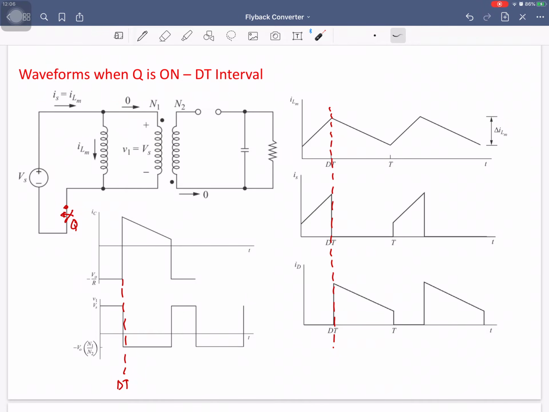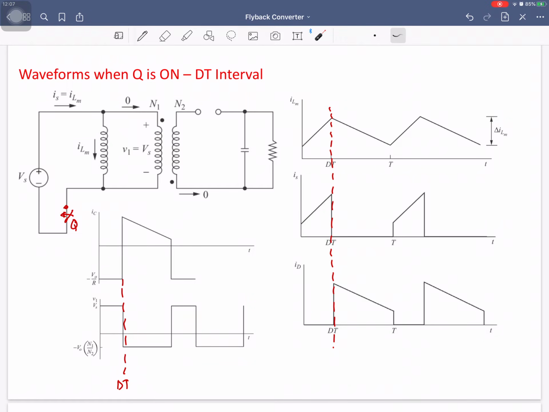Okay. So when this switch is in the off state, this path is closed, so the current is going to flow like this, and that will charge your capacitor and will also provide power to your load. So whatever is the diode current that you can see over here, the ripple of that will be passing through the capacitor.